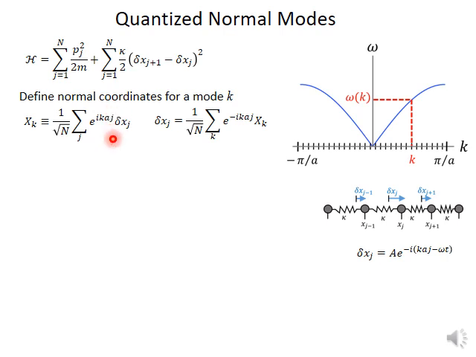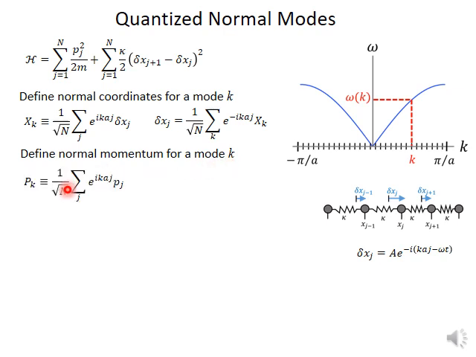So these are the normal coordinates. You can also define the normal momentum of a particular mode. The recipe for that would be: you take the momentum of the jth atom, which is the first time derivative of the total coordinate displacement of the jth atom, multiplied by this factor, which gives the contribution to that momentum by the kth mode at the position j.